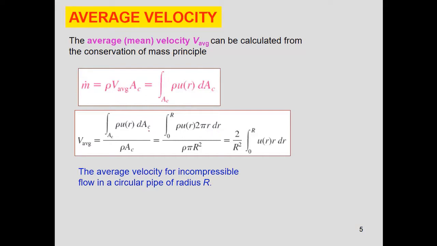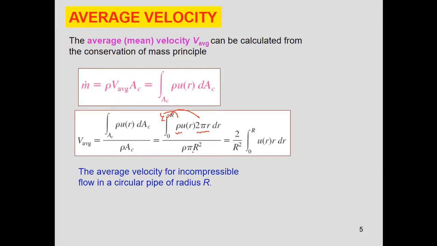By substitution of dAC in this equation, we can bring out 2 pi and rho, because they are constant values, to the outside of the integration. Then we can cross out the similar values. Then we can rewrite our equation like this.